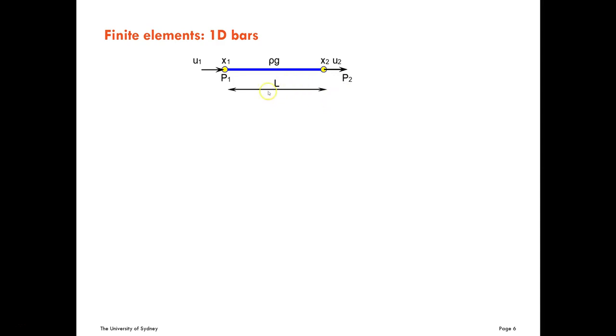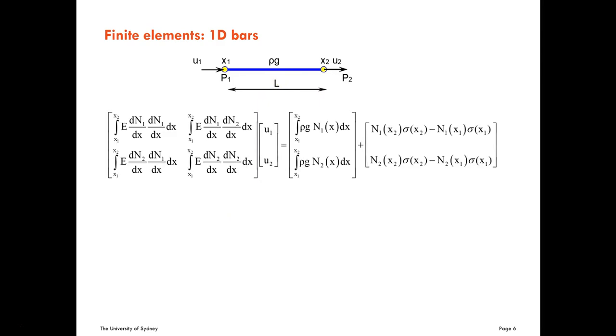And the length of the element is L. So this is the element stiffness matrix for this element. Here we have the shape functions, linear shape functions, or interpolation functions. And here you have the stress at the edges of the elements, at the nodes.